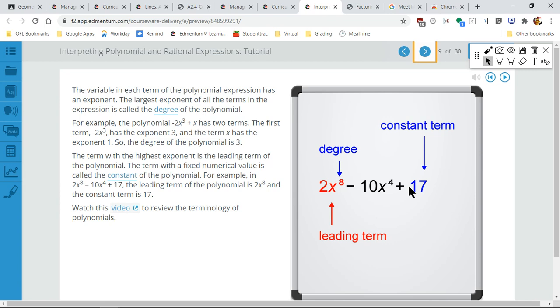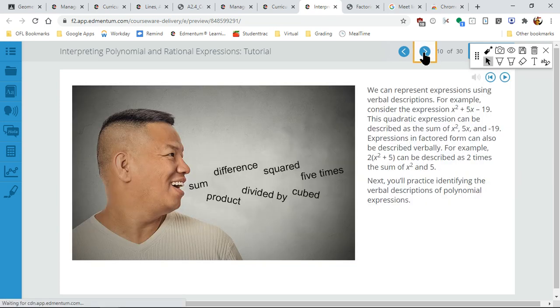What power? Constant means no variable. Leading term, well, that one should be obvious. It's whatever's in the front. The whole term that's in the front. And I want to say that there is vocab on the test. So make sure you're understanding the vocab here.